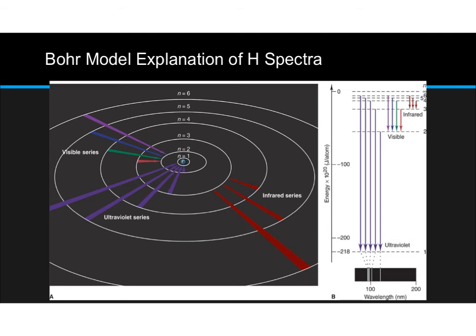As electrons change the orbital path that they're on, they can emit light of various colors and wavelengths. Visible light is always produced as a hydrogen atom's electron moves from a high energy level to the second energy level. Ultraviolet light is produced as an electron moves to the first energy level. Infrared light might be produced as an electron moves to the third energy level.